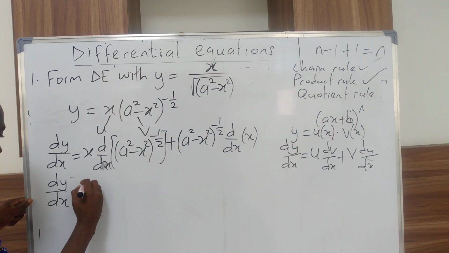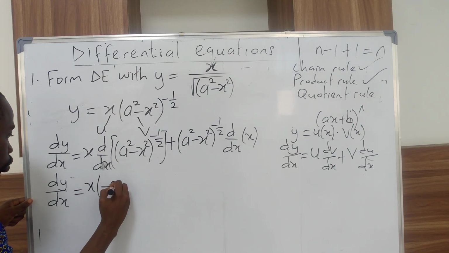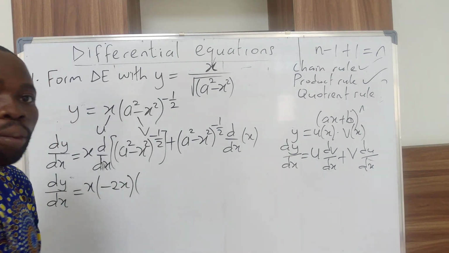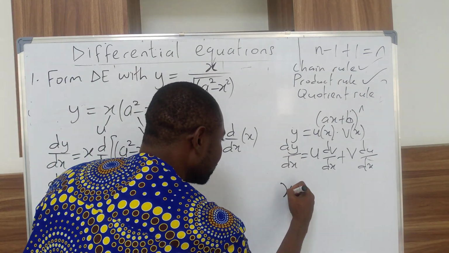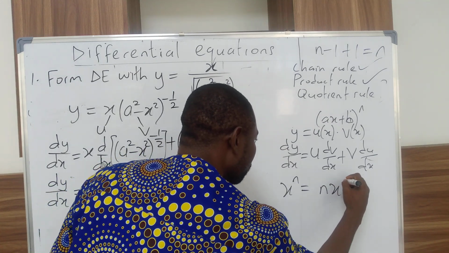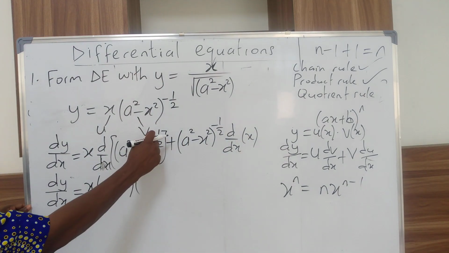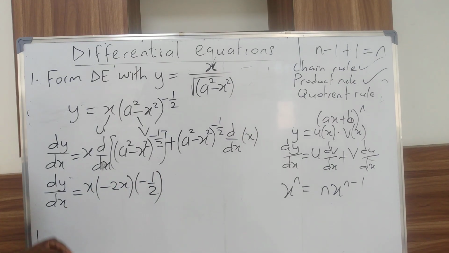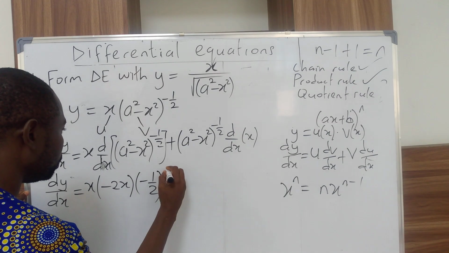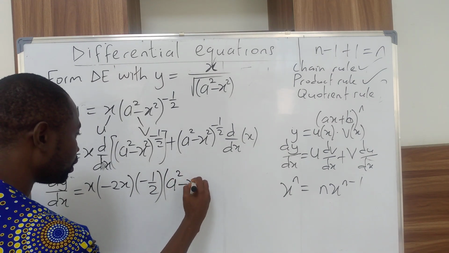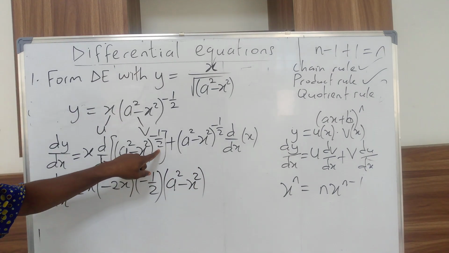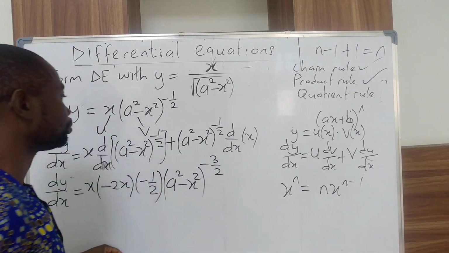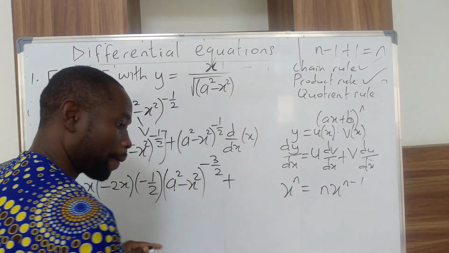Then remember the general formula of differentiation: when you differentiate x to the power n, it will be n x to the power n minus 1. So this minus half, we use to multiply the coefficient, then you subtract 1 from the power. So into a squared minus x squared raised to power minus half minus 1, which will give us minus 3 over 2. Okay, then plus.